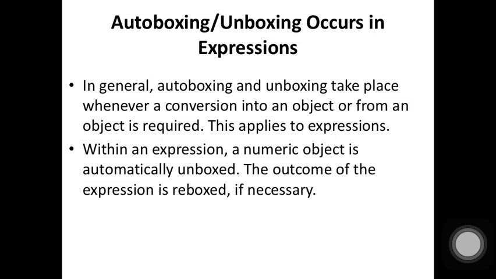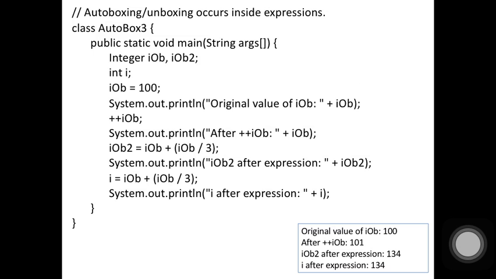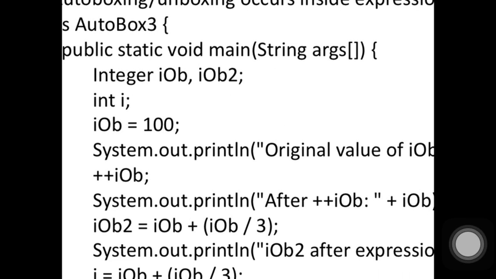Next, the same thing happens inside expressions. Whenever you are doing any sort of expression, sometimes the system performs auto conversions. For this simple example, define one class, and inside the main method I define two objects here, iOb and iOb2, and I define one integer variable.